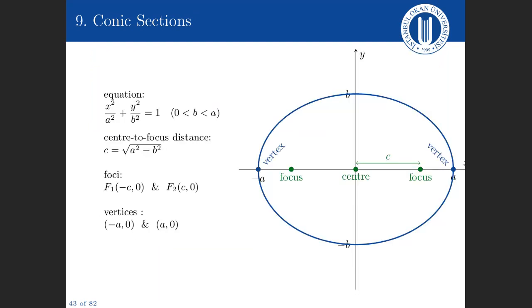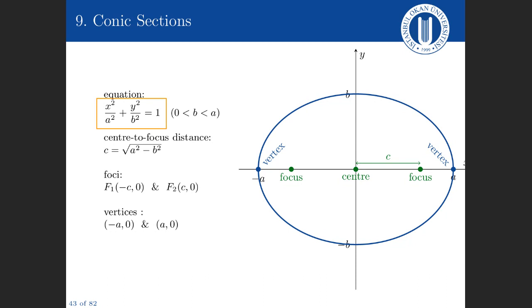So let me summarize. This is the ellipse x squared over a squared plus y squared over b squared is equal to 1. The distance between the center, or in other words, the origin, and one of the foci is called the center to focus distance, or c.